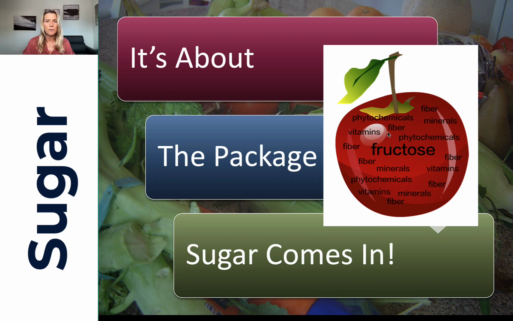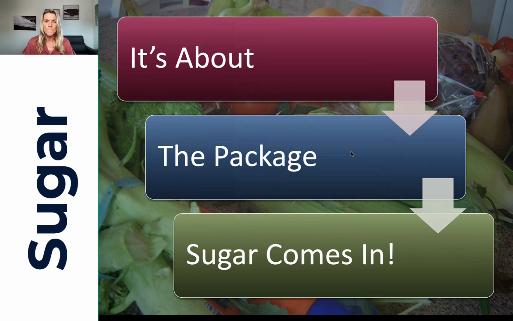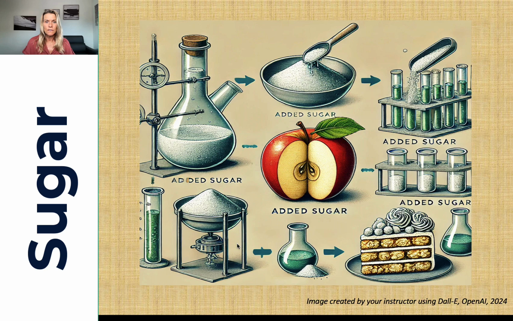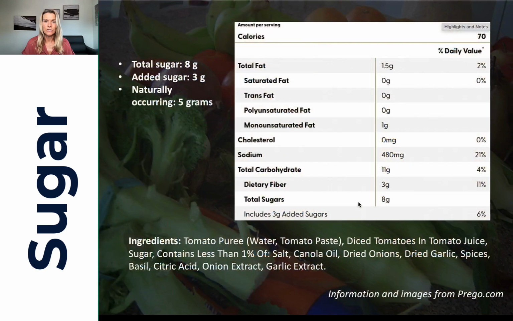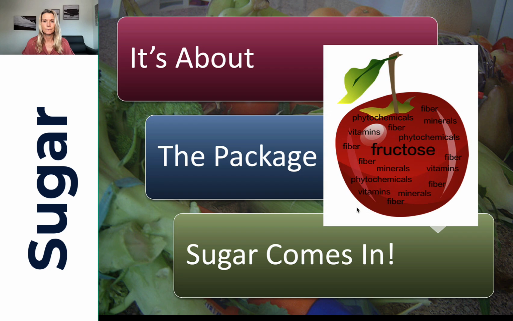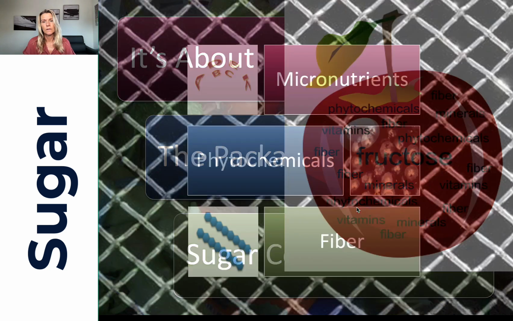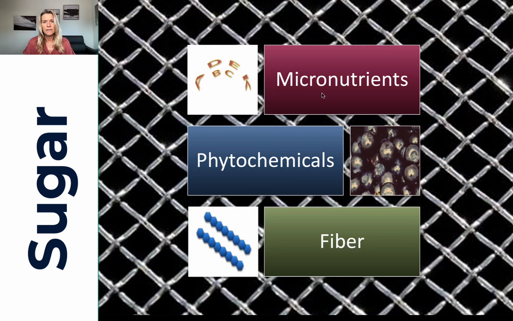It comes with fiber, with vitamins and minerals. You get the full package. If you take that fructose out and it goes through all these processes, that's all you're getting. Straight shot of sugar. And again, our micronutrients, phytochemicals, fiber, these are all the things that come in the package.